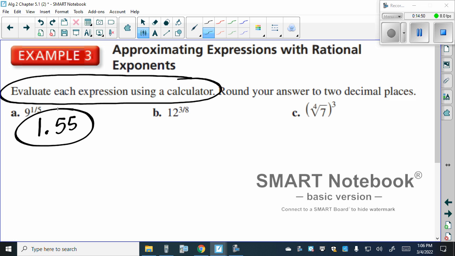And that there would be our answer. And we would expect the number to get smaller because our exponent is less than 1.